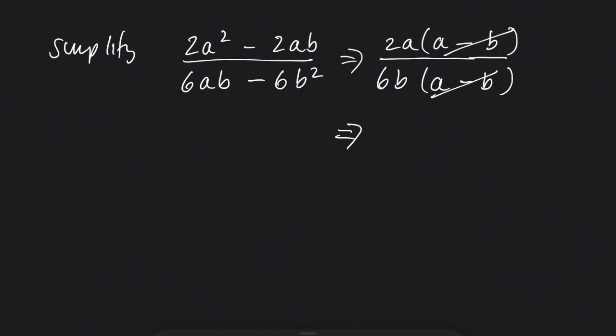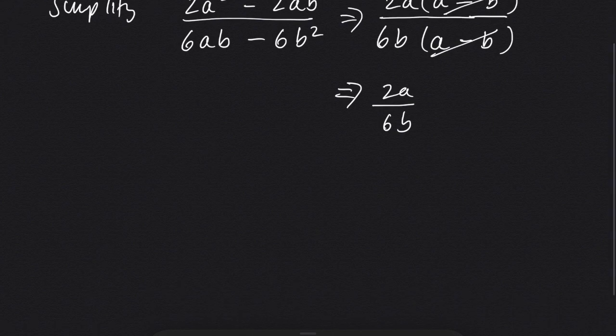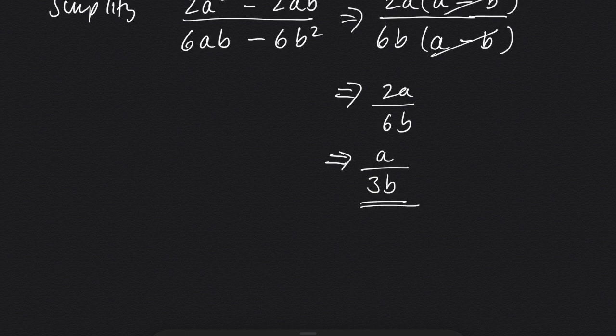So this gives us a slightly simpler expression. But we can still go even further. What happens if we divide everything by 2? We would get the answer a over 3b, because 2 divided by 2 is 1, and 6b divided by 2 is 3b. And that is our answer in its simplest terms.